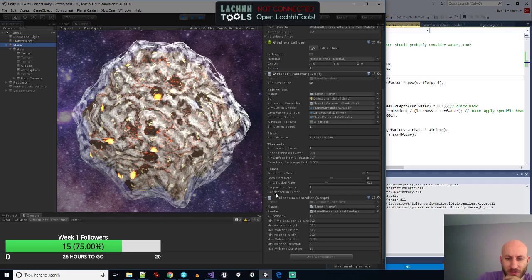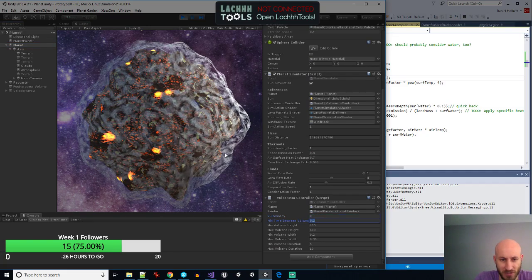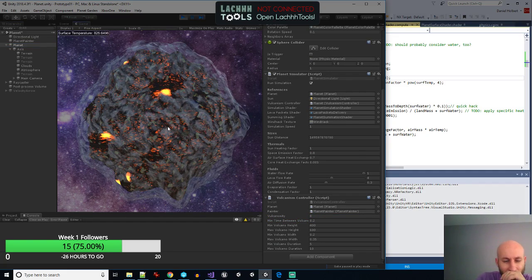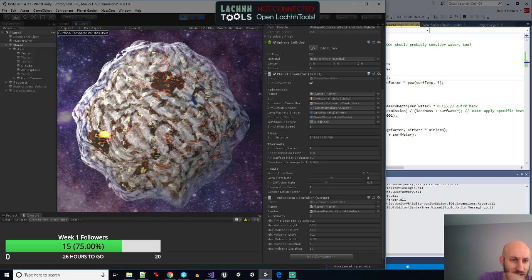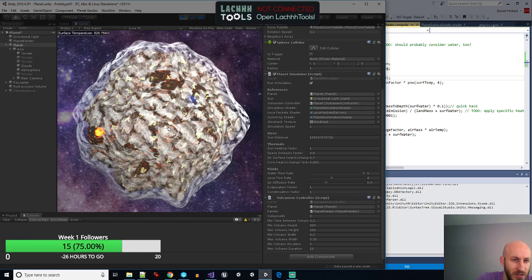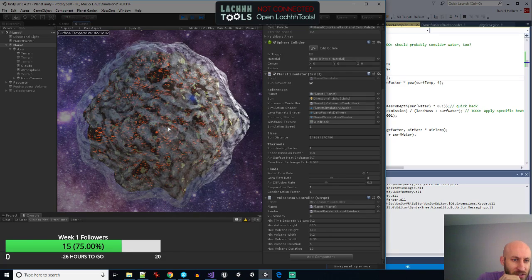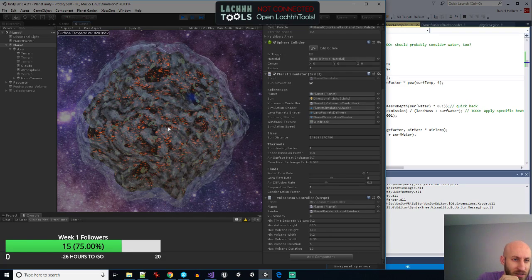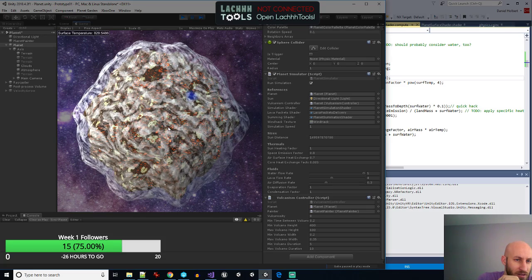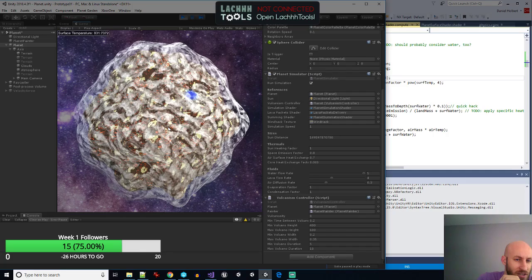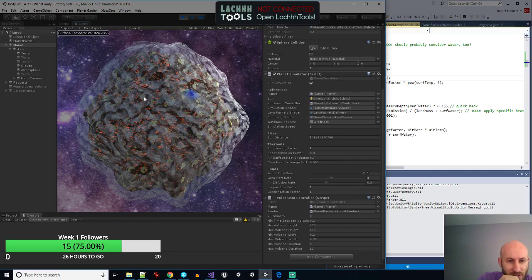So I'm going to turn off my volcanoes because it's messing with my ability to actually watch the patterns in the surface temperature. As the sun comes, it should get warmer, and it is, but not as fast as you'd expect. And then it's kind of slowly just getting warmer, which I don't quite understand.